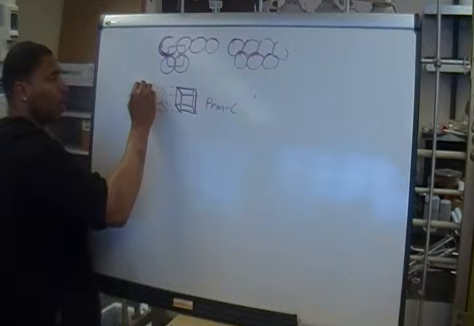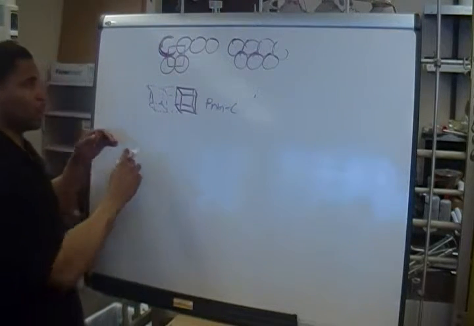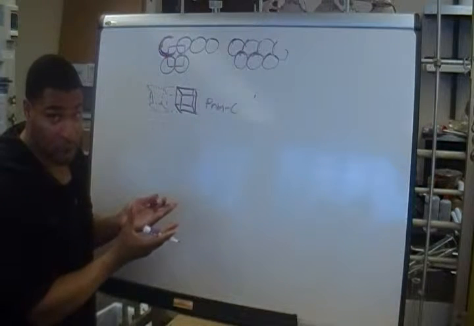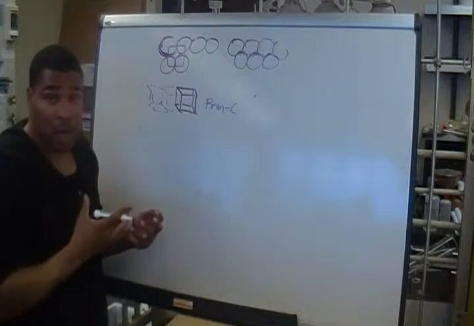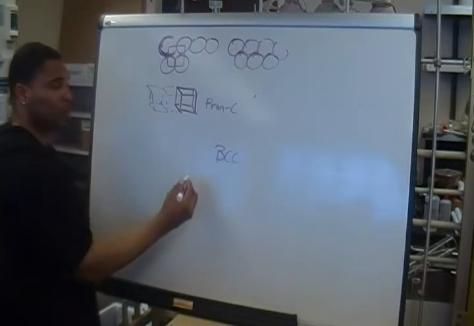With this array, this is one form of a cubic unit cell. It is a primitive form. Another form would be a body-centered cubic, BCC.